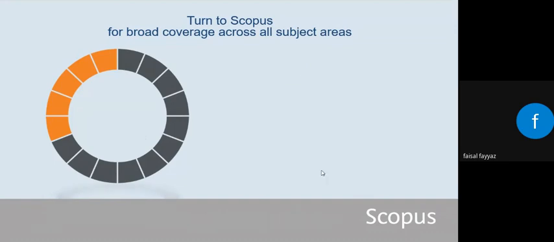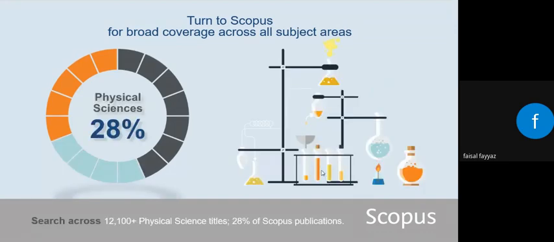The other one you have seen, physical sciences. Again, these are related to your physical humans and their needs and, you can say, their betterment. So you are looking here, search across 12,100 plus physical science titles, 28% of Scopus publications.